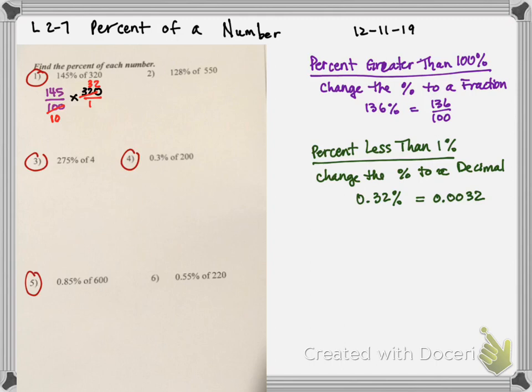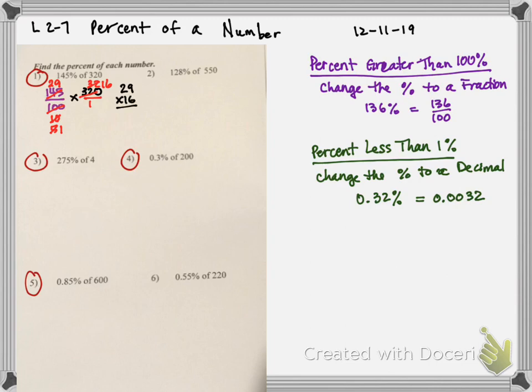Let's see what else. 2 can go into 10 5 times and into 32 16 times. What else? Ooh, 5 can go into itself once and into 145. Let's see. It goes into 14 twice, which is 10 with 4 left over, and into 45 9 times. So what I'm left with is 29 times 16.